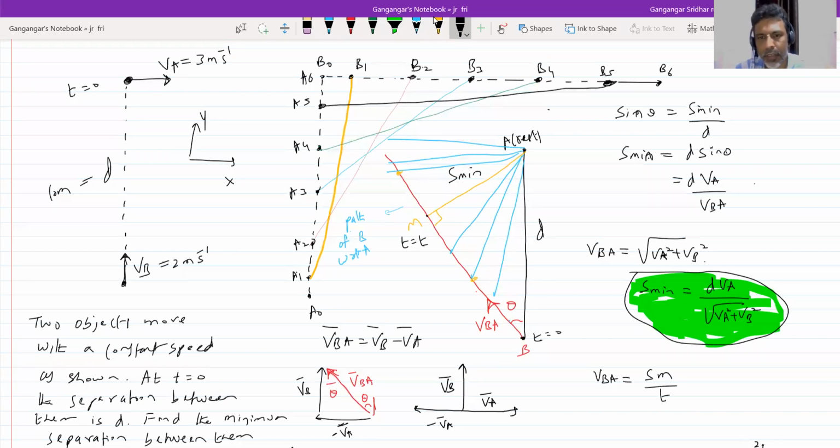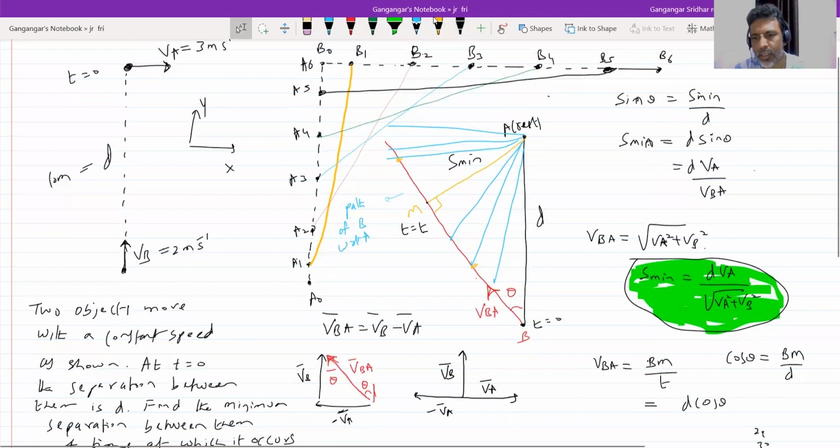For that, we don't know BM, how to calculate BM? Cos theta. Cos theta is equal to BM by D. So this will become D cos theta.